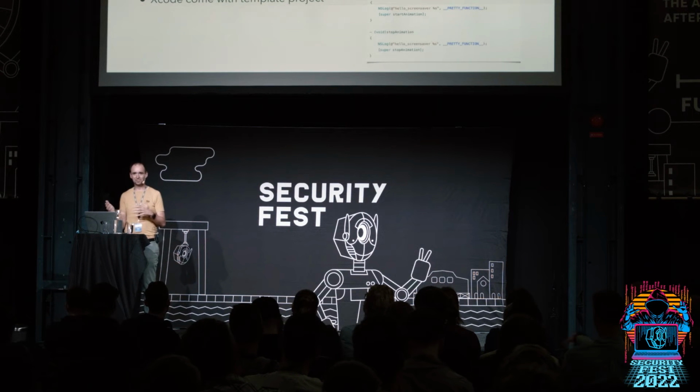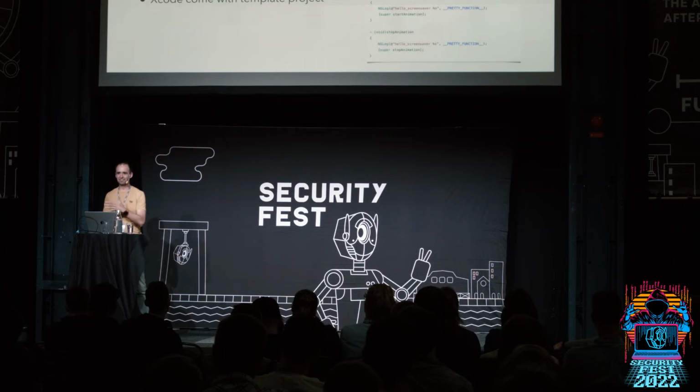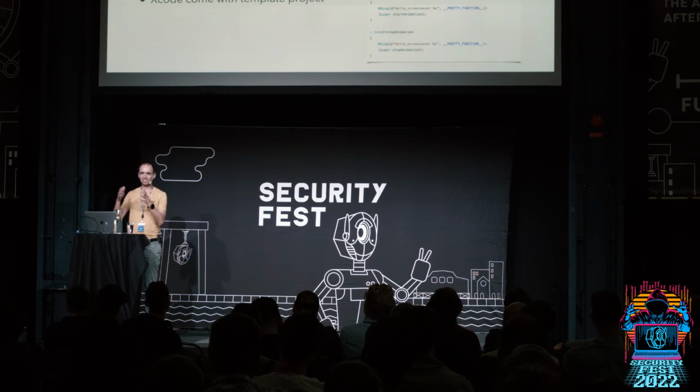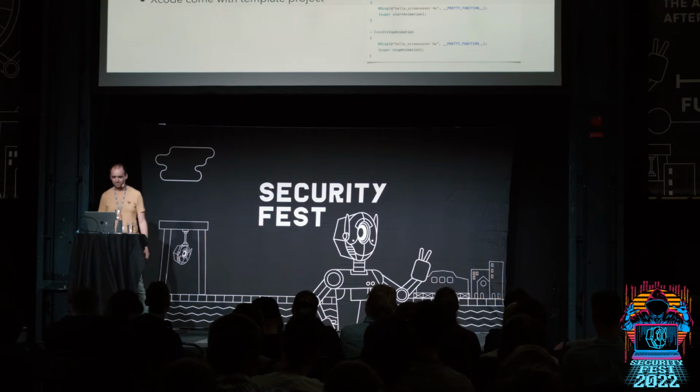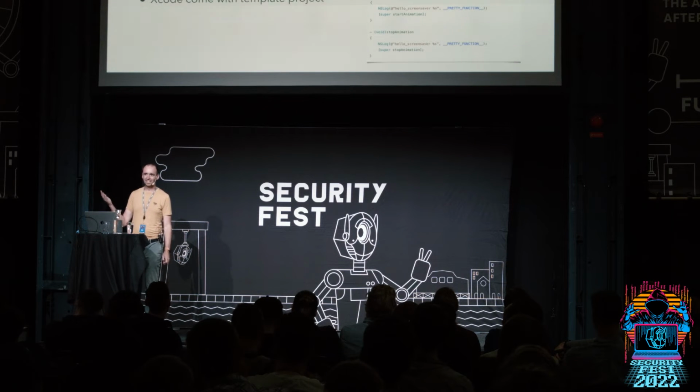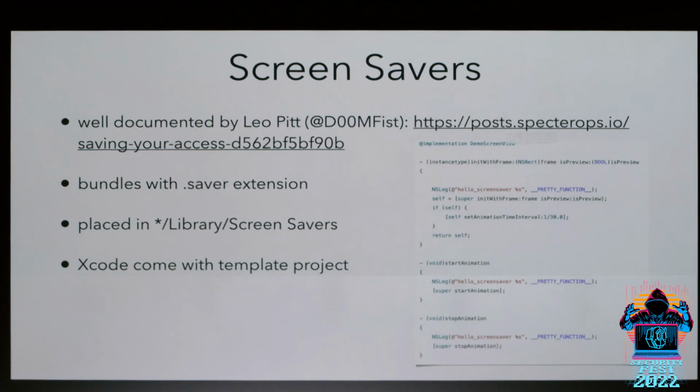But there are other bundles with very similar structure, not just applications. For example, a screensaver is a .saver bundle, so the directory has the .saver extension. These are also saved in the Library/Screen Savers directory. And it's very easy to create one because Xcode, the developer environment for macOS, has a template project. So you can just start it, put your code in every function listed there, and there you go.